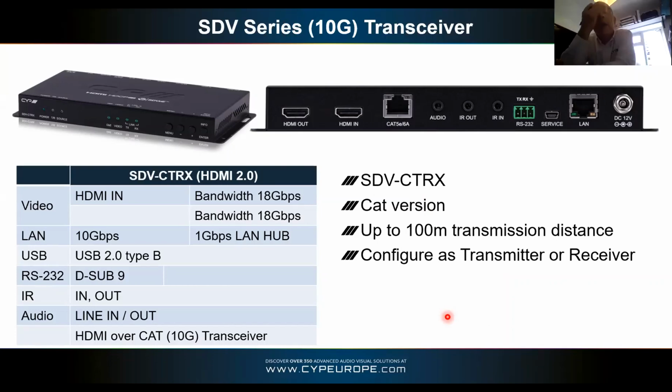Yeah, so with SDVoE, in the transmitter side, the audio jack, you notice, isn't labeled as in or out. That's because in the SDVoE system, when you have a transceiver in transmitter mode, you can decide whether that audio is an input or an output.